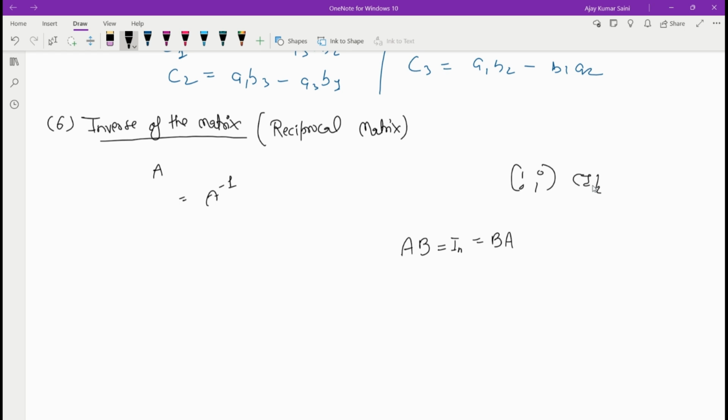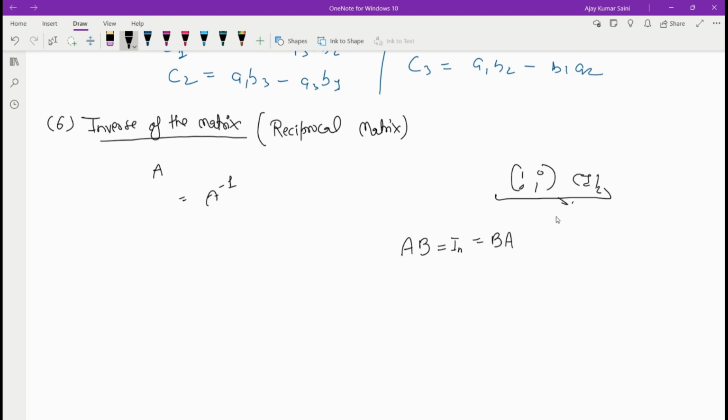I hope you remember these things. This method is known as the Gauss-Jordan method. It is simple, and when we use it we eliminate the rows and columns, we make zeros.